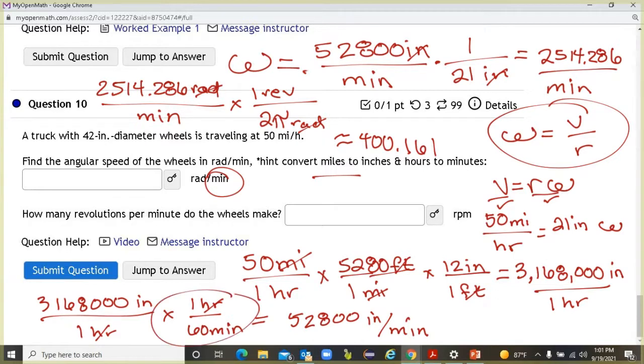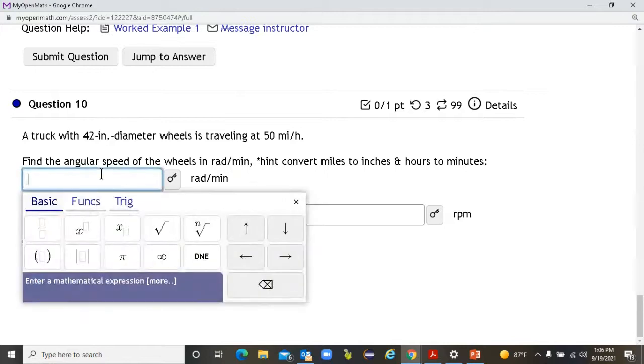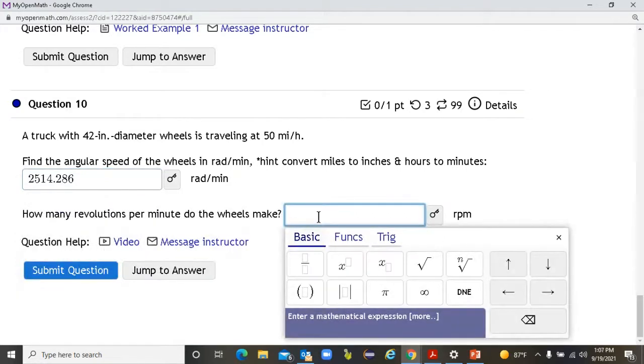All right, so that was a lot of conversions. But again, I could have put this just at the end right there, and then it would have come out really nice. I just didn't have enough room. So let's put this in. We came up with 2514.286. It didn't tell me decimals, so I'm going to do 3 to be safe. And then we just divided that by 2 pi to get rotations.